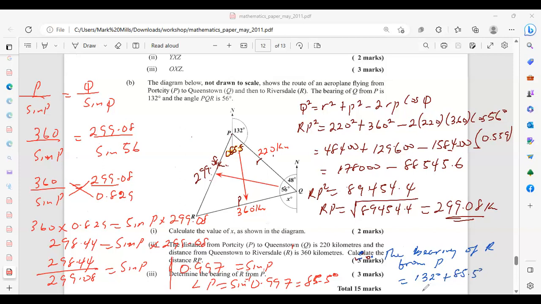Can somebody work it out and tell me what you get, please? 132 plus 85.5, what do I get? 217.5. 217.5 degrees, right? So the bearing of R from P will be 217.5 degrees.